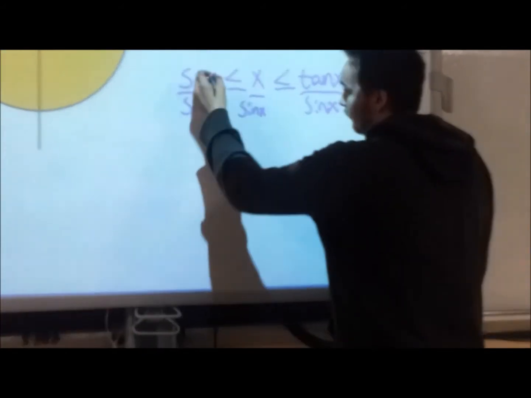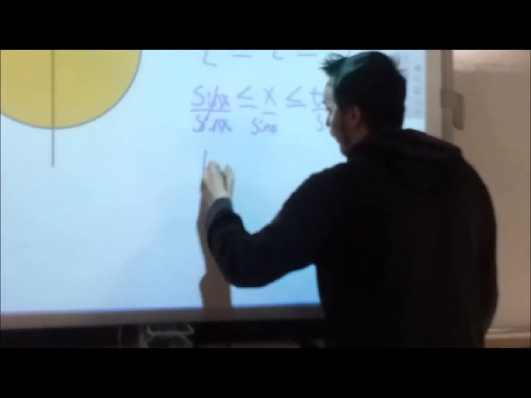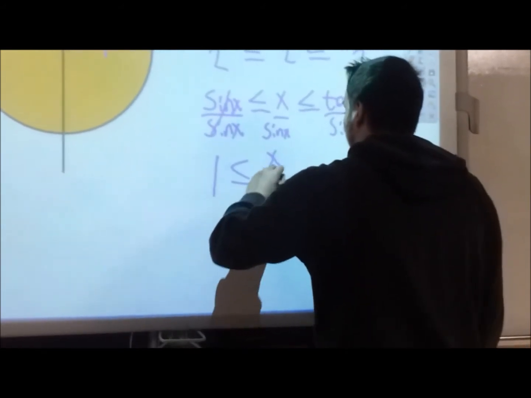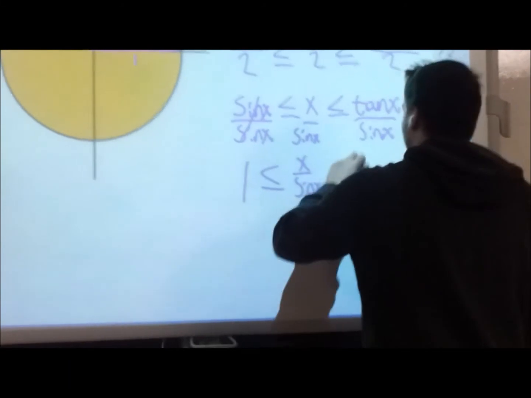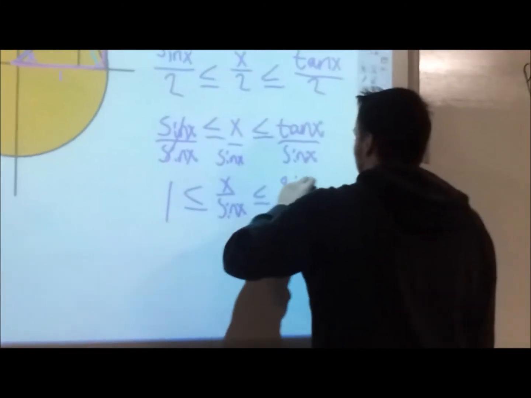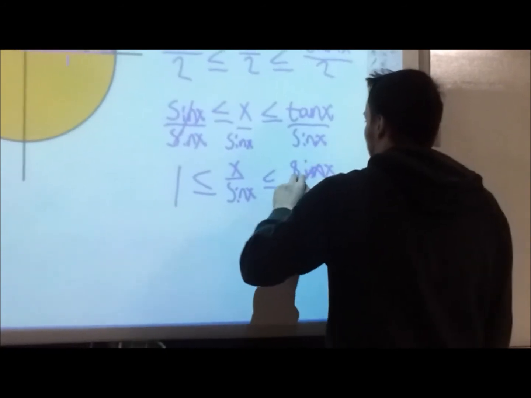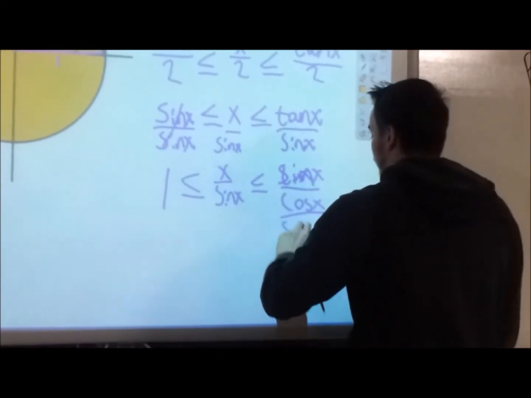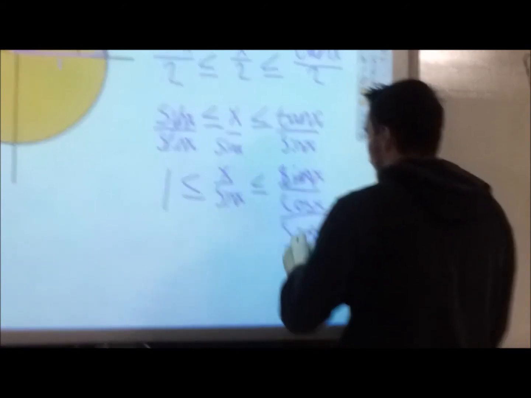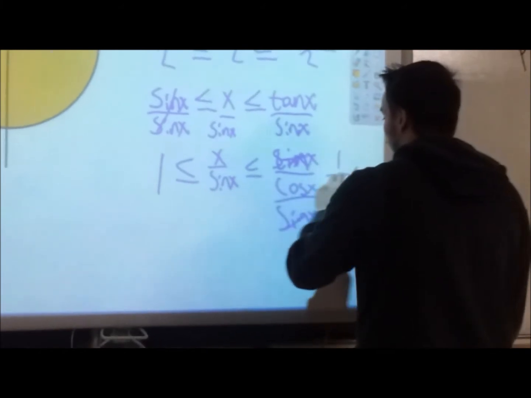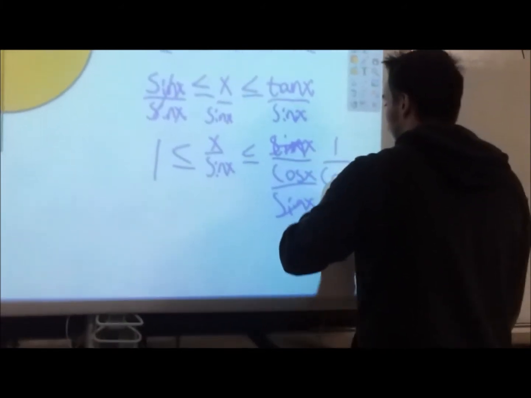Since sine x over sine x is 1, we get 1 less than or equal to x over sine of x, less than or equal to tangent over sine, which is sine of x over cosine of x over sine of x. Those sines cancel, so really what we have here is 1 over cosine of x.